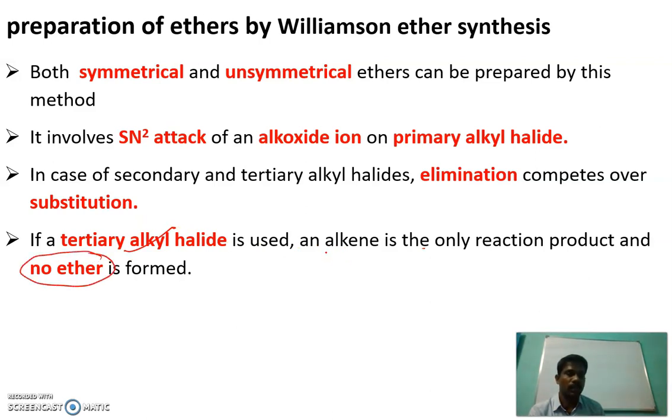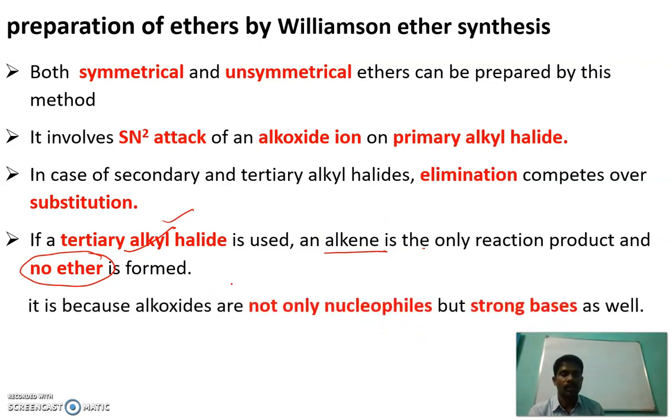Instead of ether, an alkene will be formed because a tertiary alkyl halide will readily undergo elimination rather than substitution. Clear? You can see the reason for this. If you take a tertiary alkyl halide, the alkoxide can not only act as a nucleophile, it can also act as a strong base. Base will bring about elimination reaction, nucleophile will bring about substitution reactions.